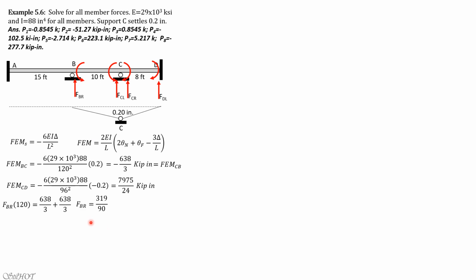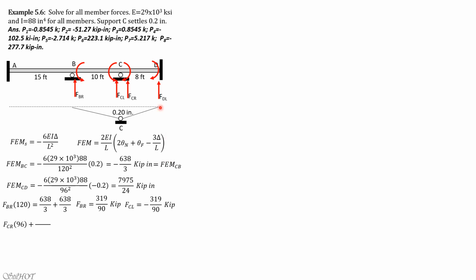So FBR therefore is 319 over 90 kips. Then FCL would be, by summation of forces, downward or negative 319 over 90 kips.